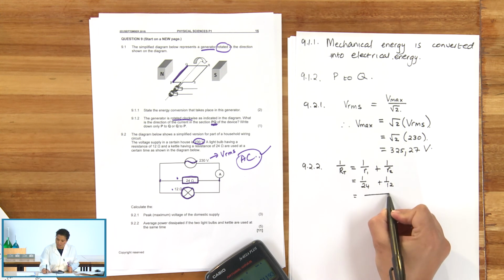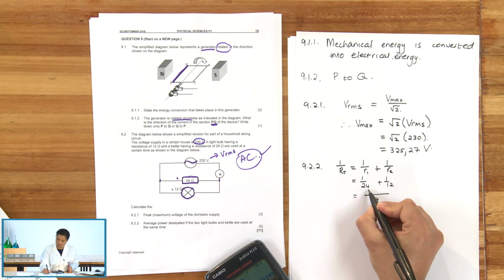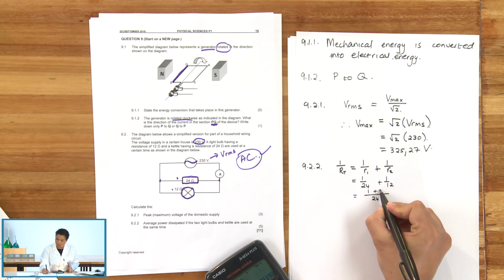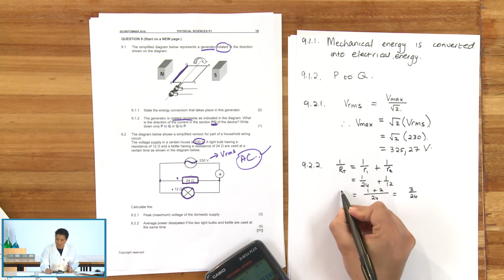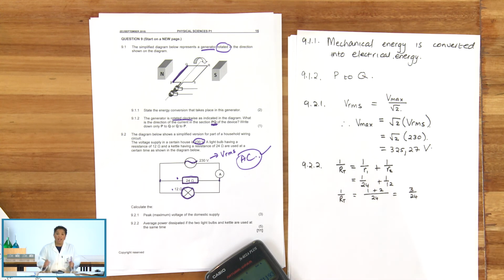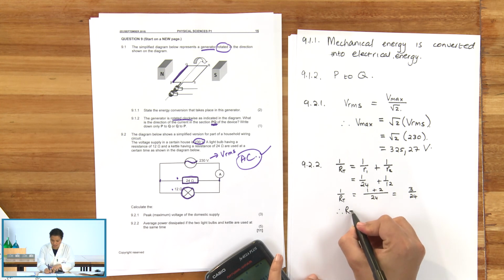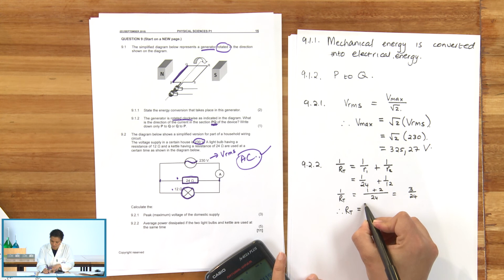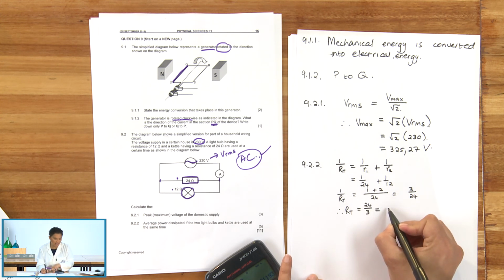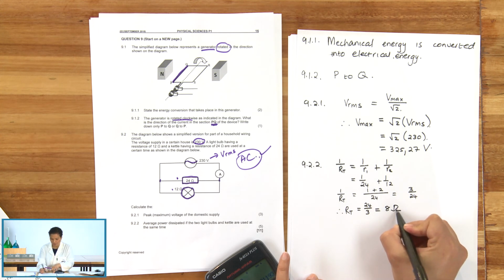Our lowest common denominator gives us 1 plus 2, 3 over 24. And remember, this is 1 over R total. That's not the answer. My answer is not 3 over 24 because I want R total. So I invert my left-hand side, and what I do to the left, I do to the right. And I invert my fraction there. So I get 24 over 3. And that equals a lovely number, 8 ohms.